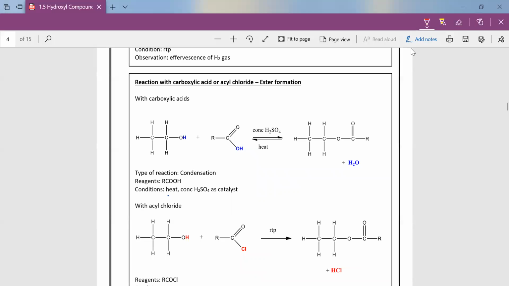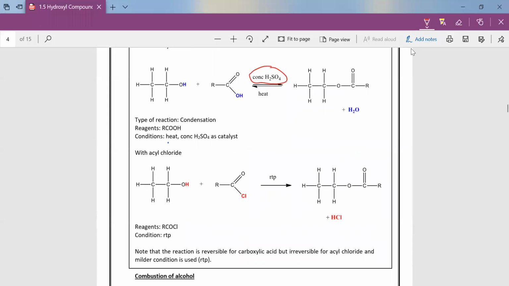The reaction of carboxylic acid with alcohol is a very common reaction which forms your ester in the presence of concentrated sulfuric acid. You learnt this reaction, if I'm not wrong, in secondary 4 or even secondary 3.